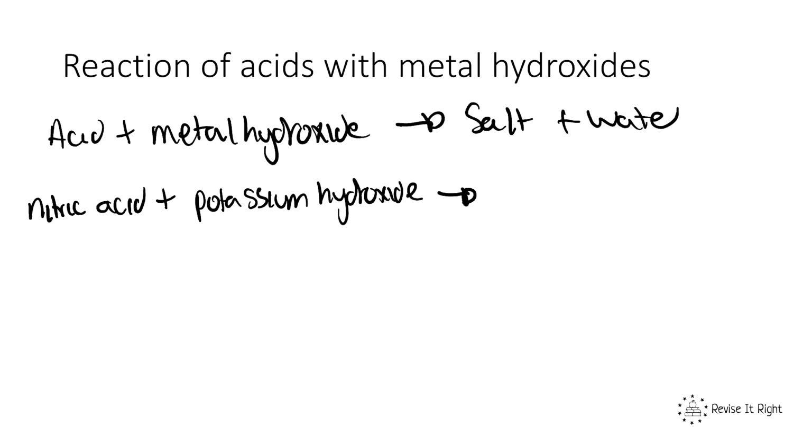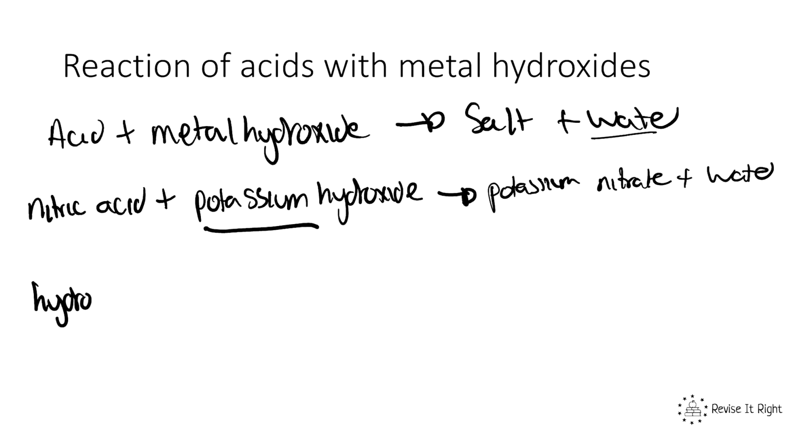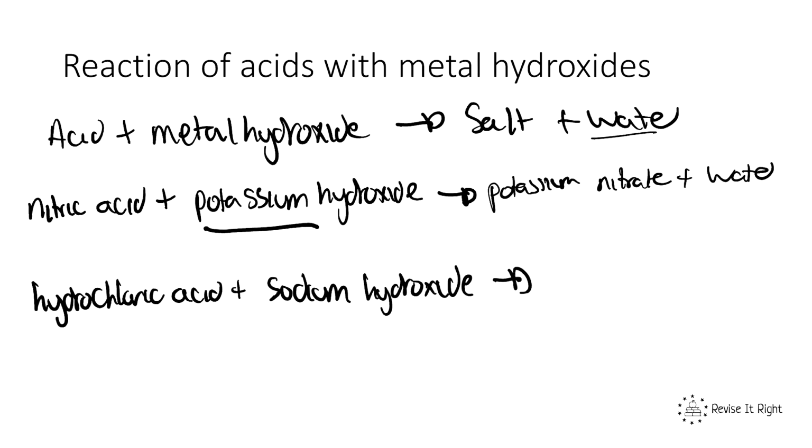And that is therefore going to make, well, we know the salt is going to be potassium nitrate because it comes from nitric acid and it's from potassium, so potassium nitrate, and we know that it also produces water, so water as well. Let's do one more example. Hydrochloric acid plus sodium hydroxide produces what?